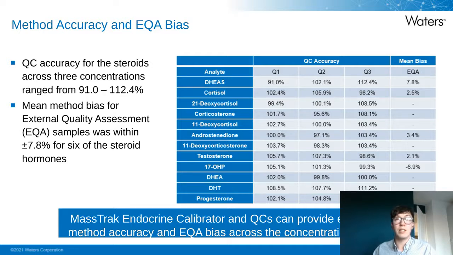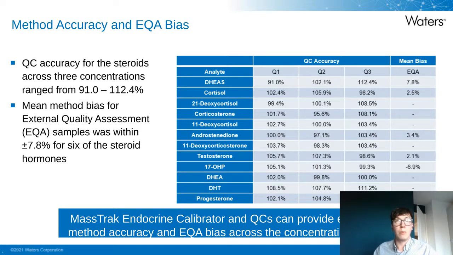Accuracy was also assessed for DHEA sulfate, cortisol, androstenedione, testosterone, 17-OHP and progesterone through the analysis of EQA samples from UK NEQAS. So the data obtained was compared to the mass spectrometry method mean for the samples, all 4 except the ALTM for progesterone, as LC-MS method values were unavailable for this analyte.